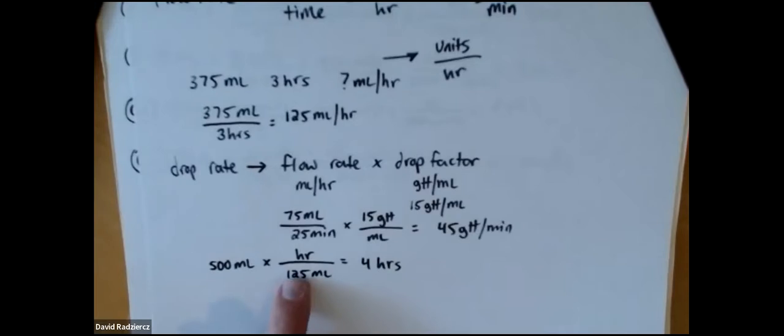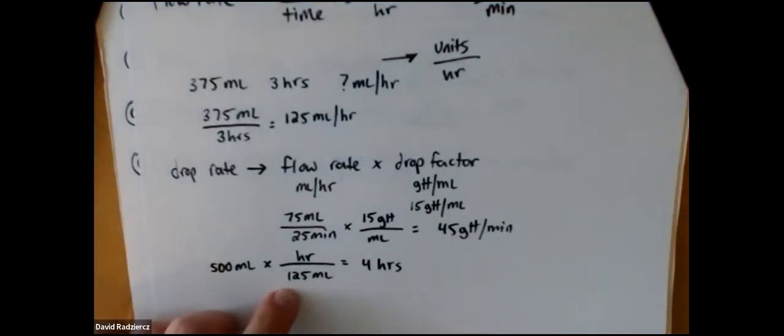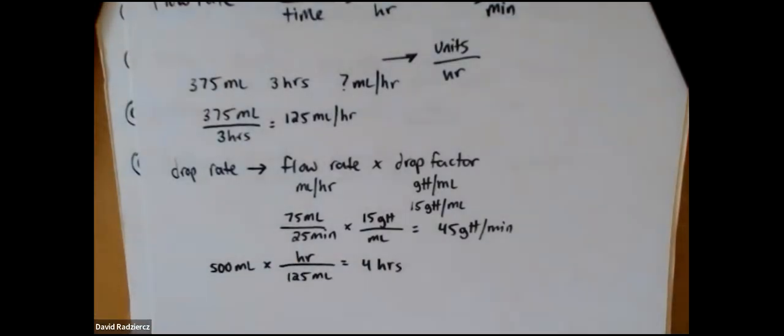Another way you can do this is you can say, okay, 125 milliliters, 1 hour, 250 milliliters, 2 hours, 375 milliliters, 3 hours, 500 milliliters, 4 hours. So you can step up and get to your answer that way. You could also do 500 divided by 125 times the hour. That would work as well. If that's how you like to set up the question, it's pretty much saying the same thing.